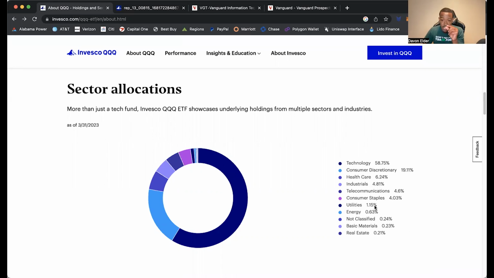You got a little bit of energy. You got a little bit of materials, and you got a little bit of real estate. So this particular ETF houses multiple sectors. So I think that kind of boils down to why you see that QQQ doesn't have the same 5-year and the same 10-year performance that the Vanguard ETF does.